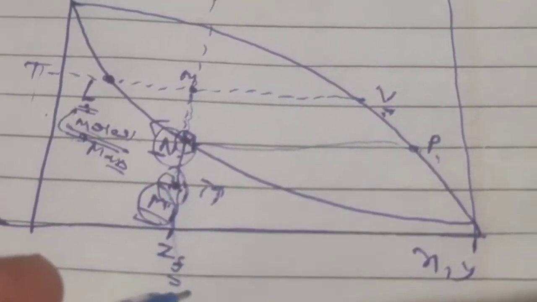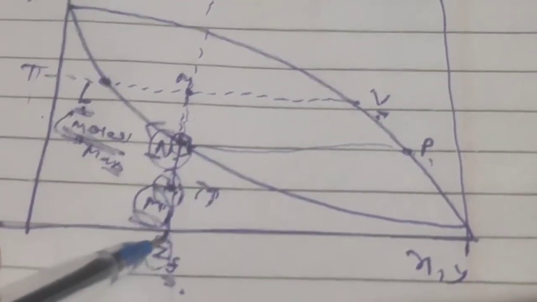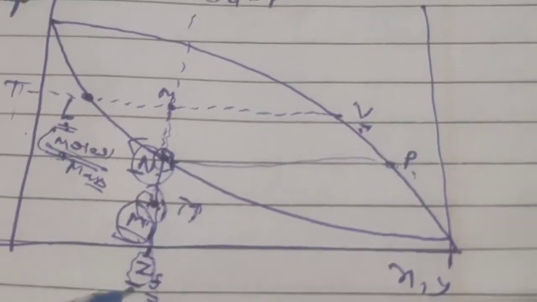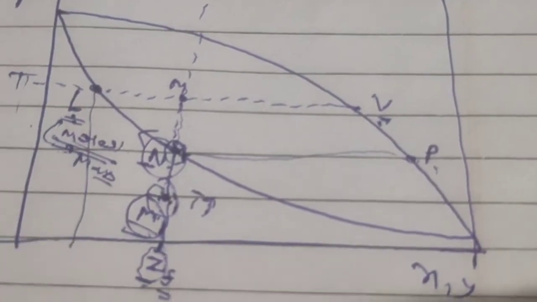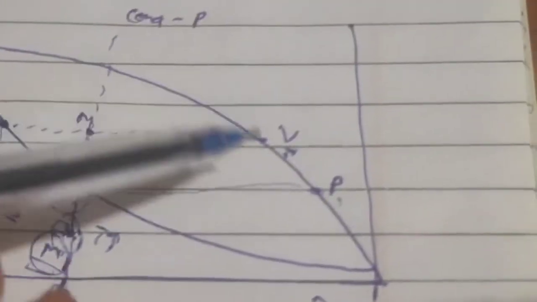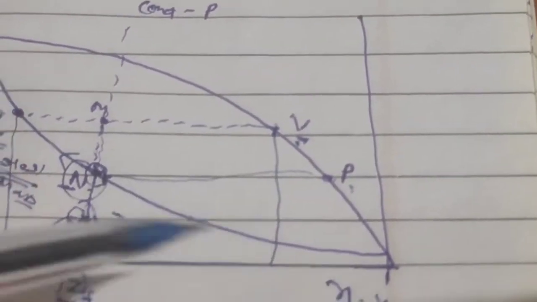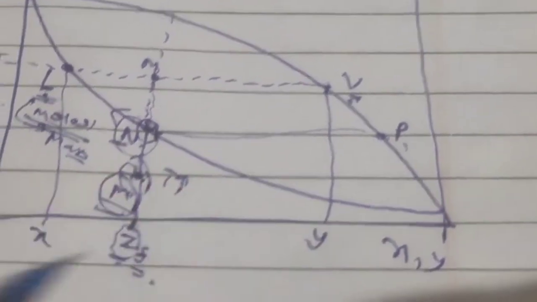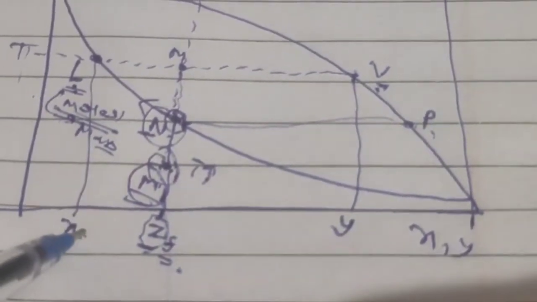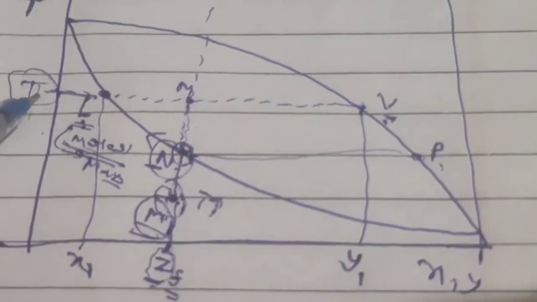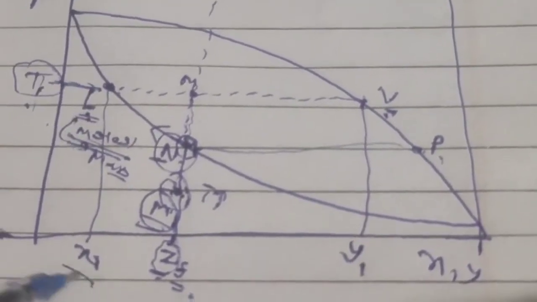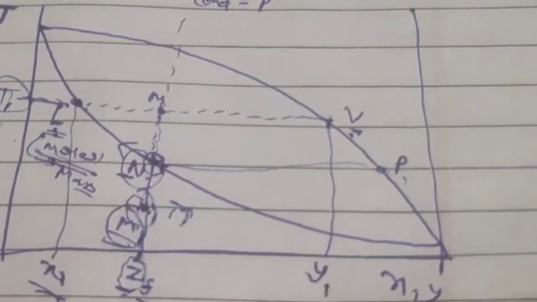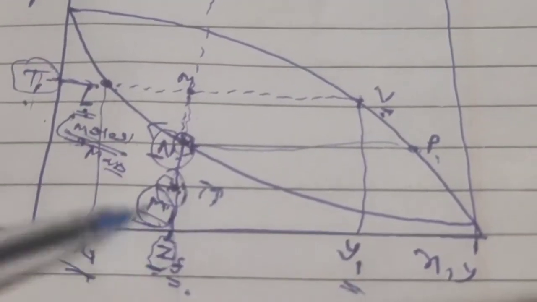The F means feed, and I'm calling the mole fraction Z. So this is our Z, and over here we have X, and here Y, or I can call them X1 and Y1. So at T1 temperature, the liquid has composition X1, the vapor has composition Y1, and the feed mixture has ZF composition.